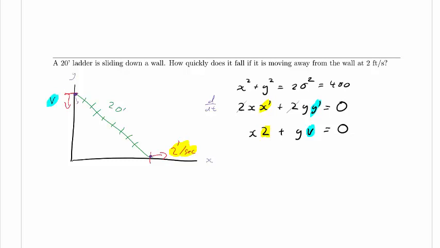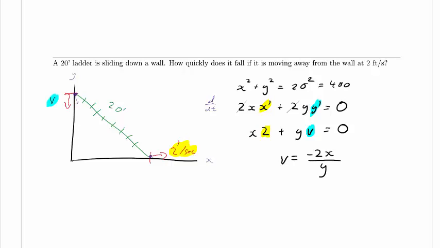Again, we're trying to find what the velocity is doing, so we're going to solve this for v. When we do that, we get v equals negative 2x over y. Now we want to get this strictly as a function of how far the ladder is away from the wall.